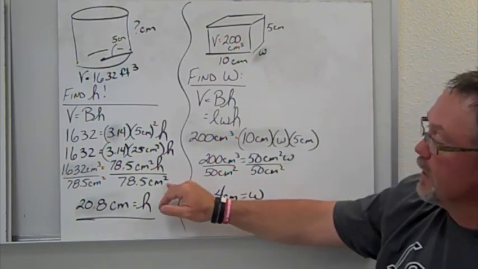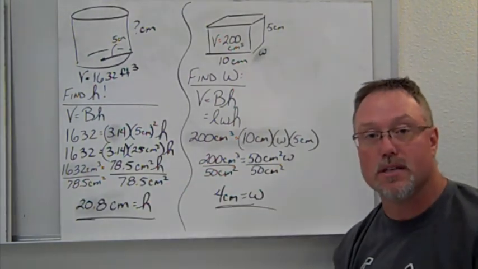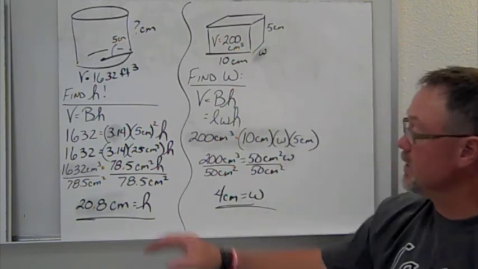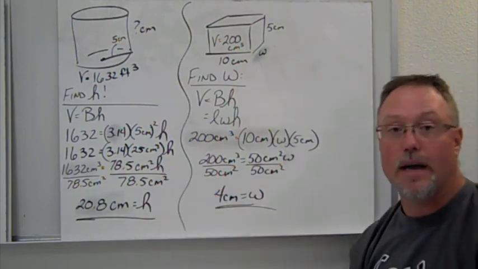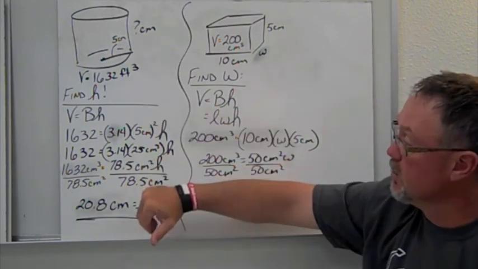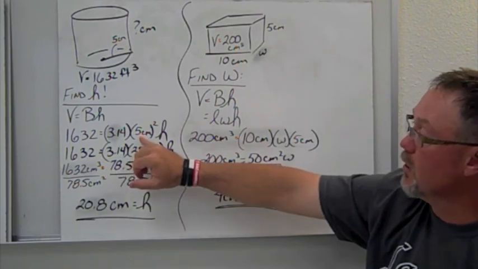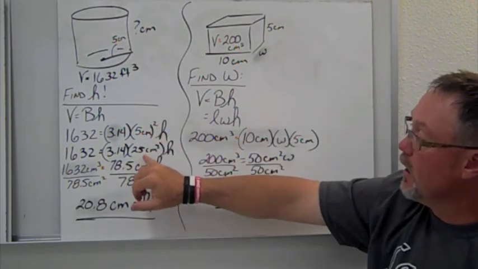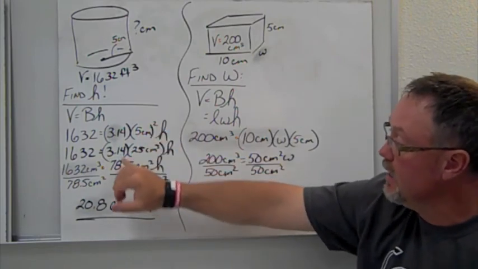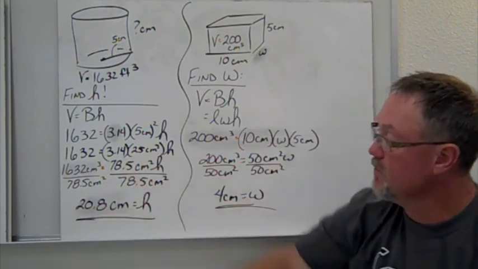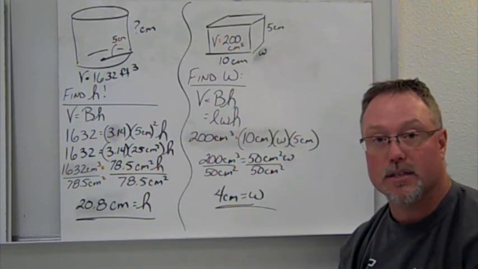You're going to get down to a basic one-step equation where you're probably going to have to divide by the number and the unit, because we're just looking for h in this cylinder. So we're given our volume, we know what pi is, we're given our radius, we're going to square that, find out what that is, and then divide both sides, and that gives us our height of 20.8 in this case.